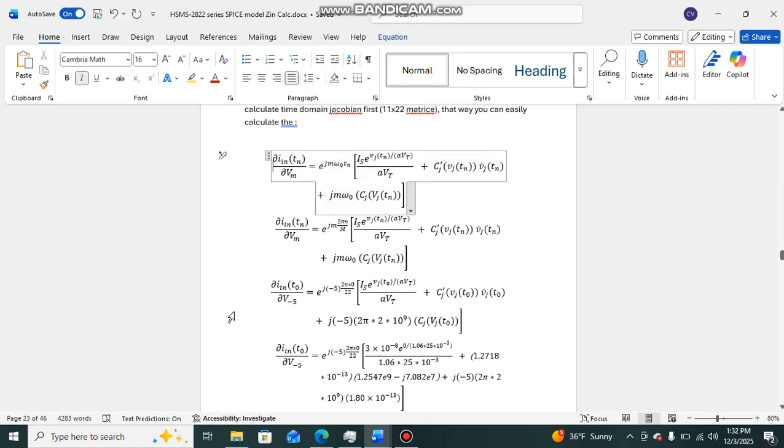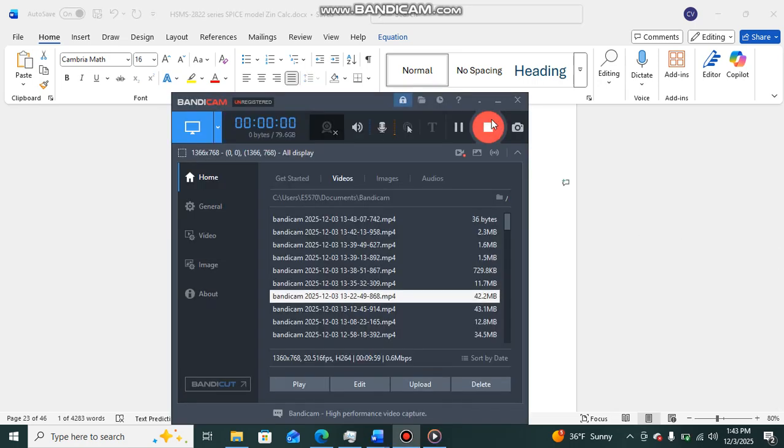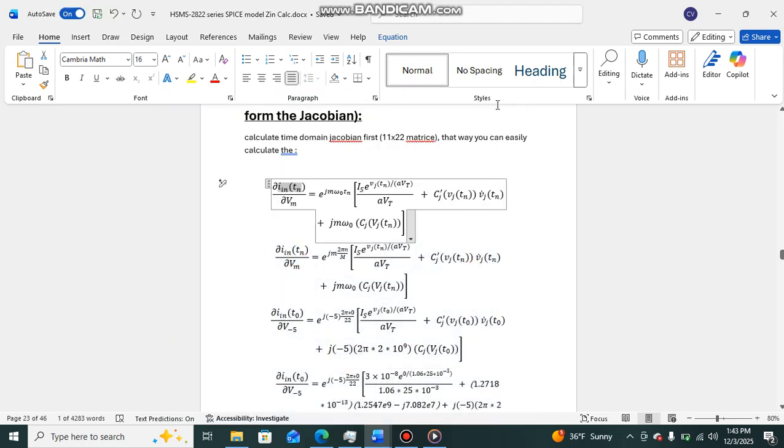So the Jacobian is just the partial derivative of your input current with respect to Vm. Vm is actually the harmonics.